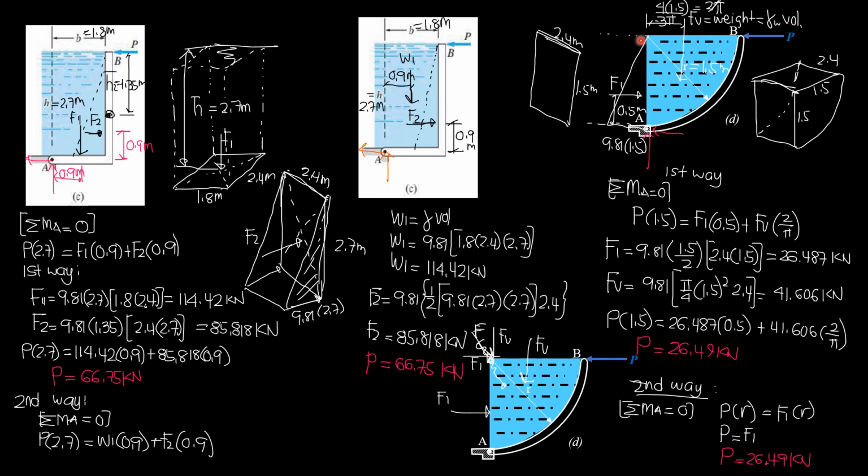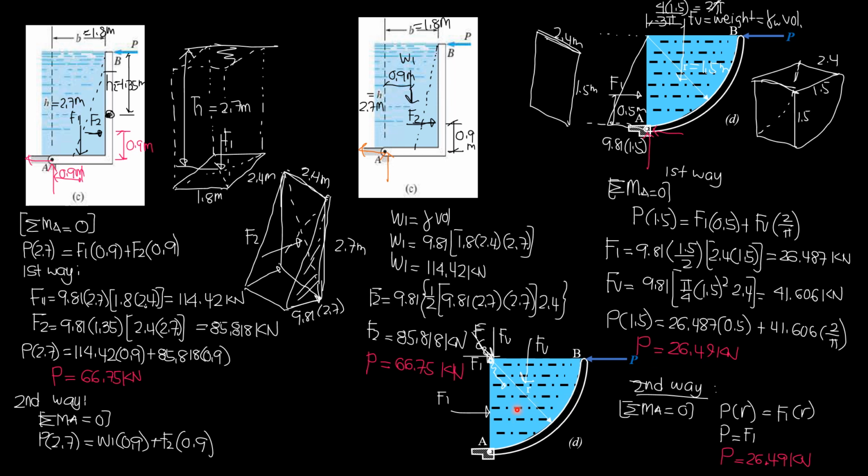The volume is the area of the quarter circle, pi over 4 R squared, times the width perpendicular to the screen, 2.4. So 41.606 kilonewtons. Substitute in our working equation: P times 1.5 equals F1, 26.487, times 0.5 plus 41.606 times 2 over pi. So P is 26.49 kilonewtons.